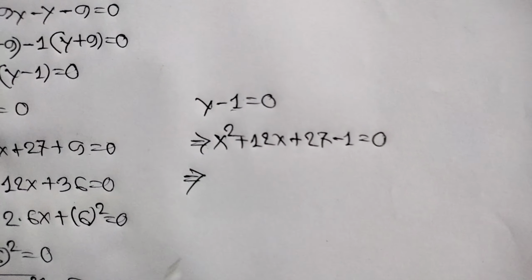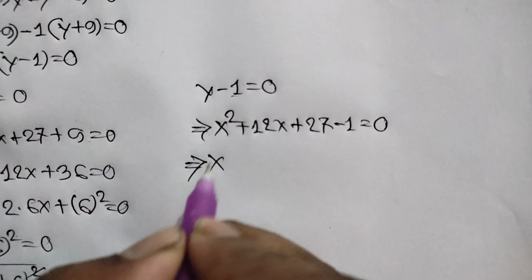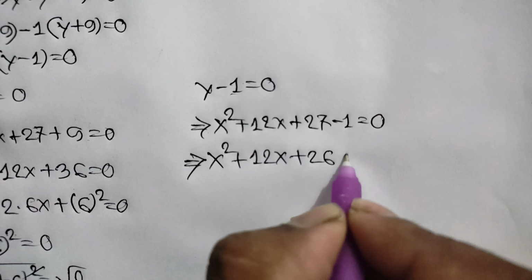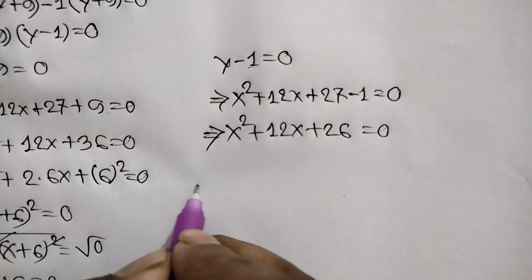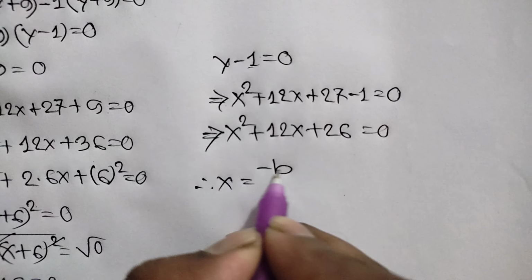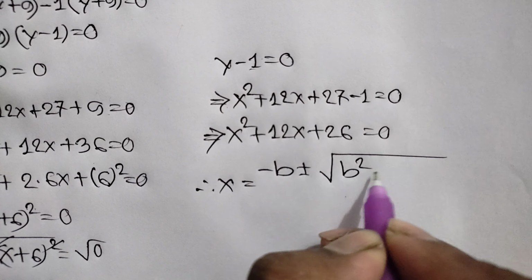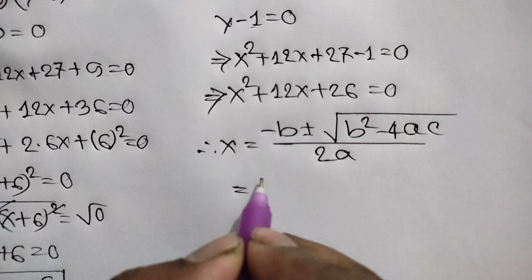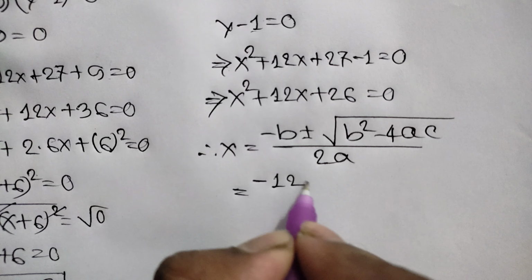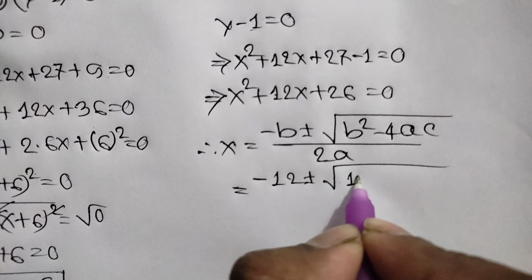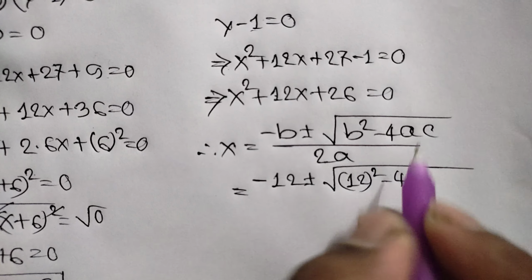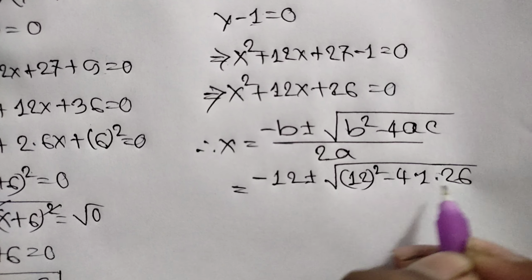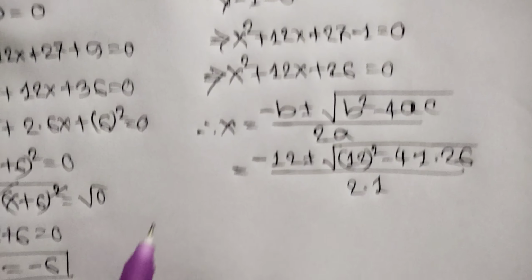Or here we can write x square plus 12x plus 27 minus 1, that is 26, is equal to 0. Now here we can use the quadratic formula, so we can write x is equal to minus b plus or minus the square root of b square minus 4ac over twice a, is equal to minus b, that means 12, plus or minus the square root of b square, that is 12 square, minus 4 times a, that is 1, times c, that is 26, over 2 times a, that means 2 times 1.